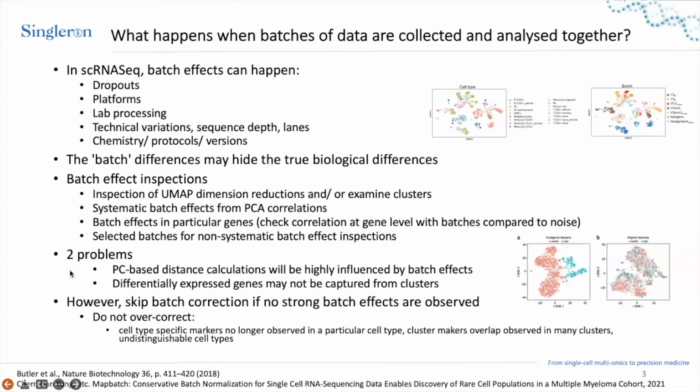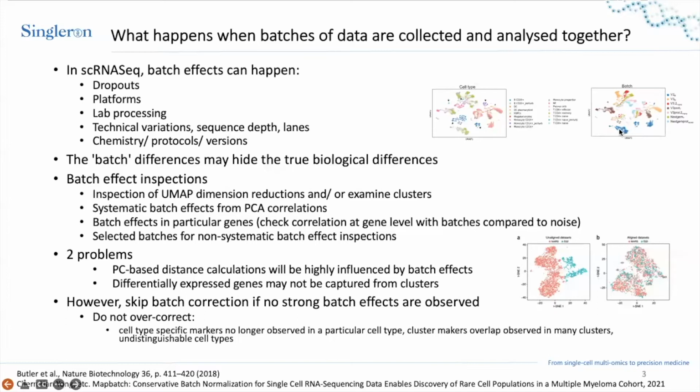The batch effect may result in two problems. First, as we mentioned just now, the subgroups of cells, represented by the PCA-based distance calculated clusters, may be highly influenced by the batch effects.